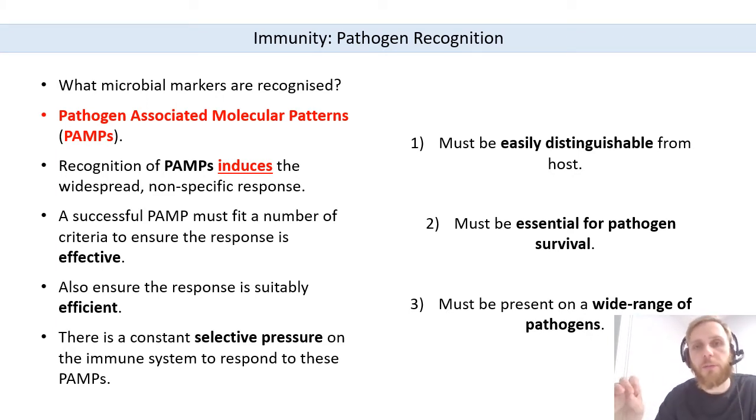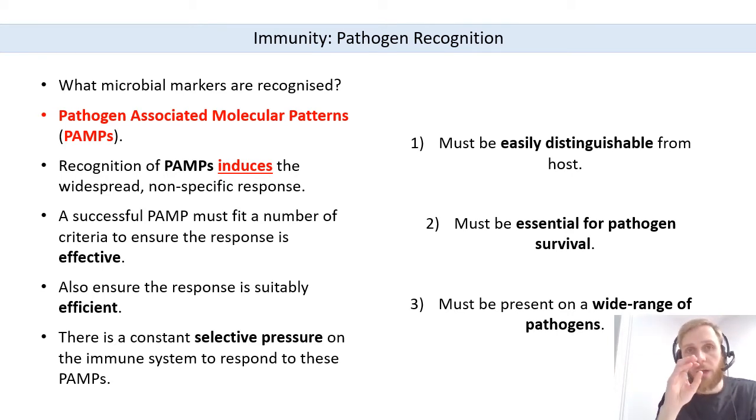So if the innate immune system has evolved to recognize a microbial feature that is different from the host cell features, so it meets one of the criteria, and it's present on a wide range of microorganisms, so it meets the other criteria, the microorganism could potentially quickly evolve to lose that feature or to change that feature so significantly that the innate immune system doesn't recognize it anymore.